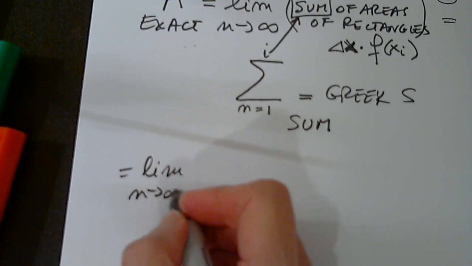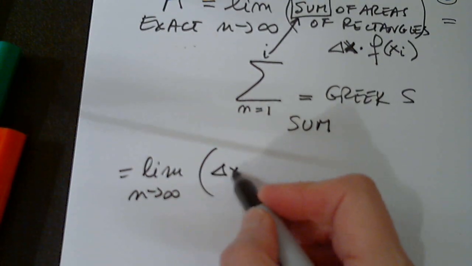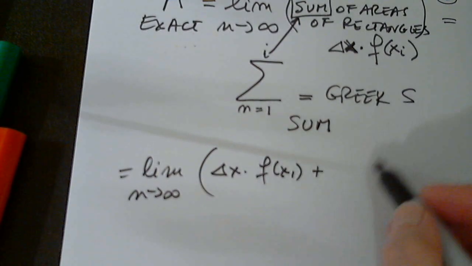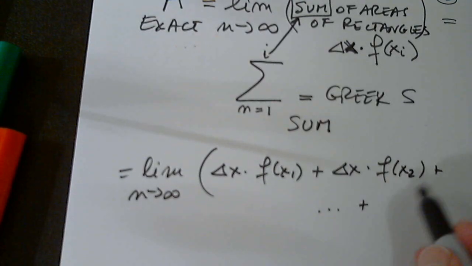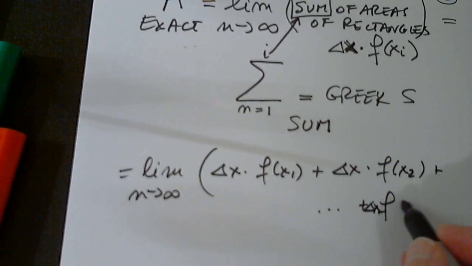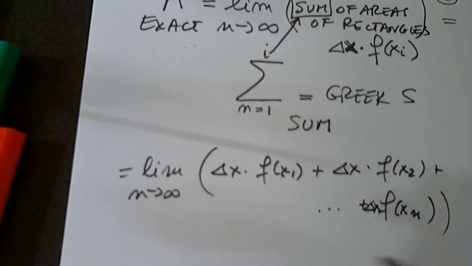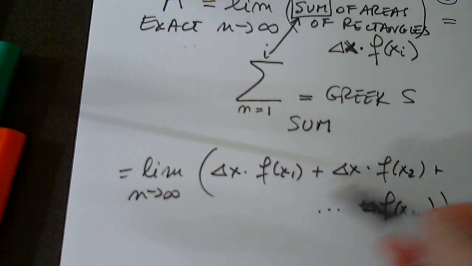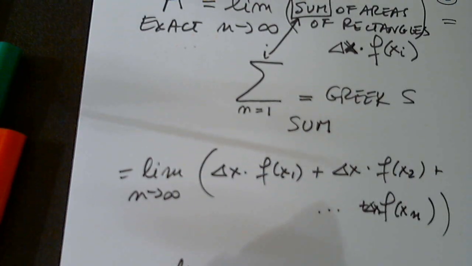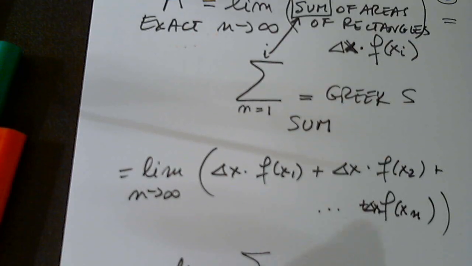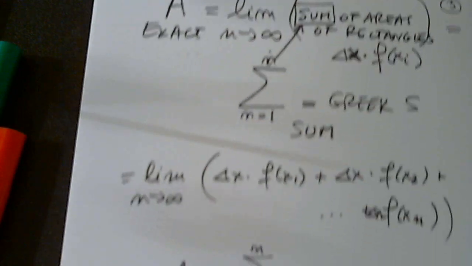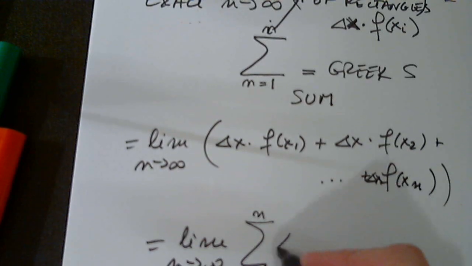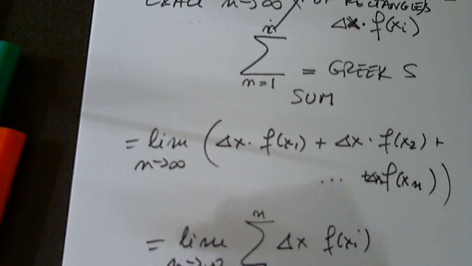The limit as n approaches infinity of delta x times f of x1 plus delta x times f of x2 plus dot dot dot plus delta x times f of xn, the last one, as n goes to infinity. Instead of writing it like this, we write it as the limit as n approaches infinity of the sum from i equals 1 through n of delta x times f of xi.